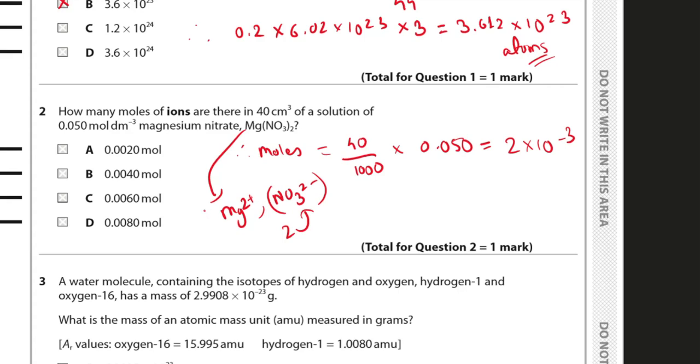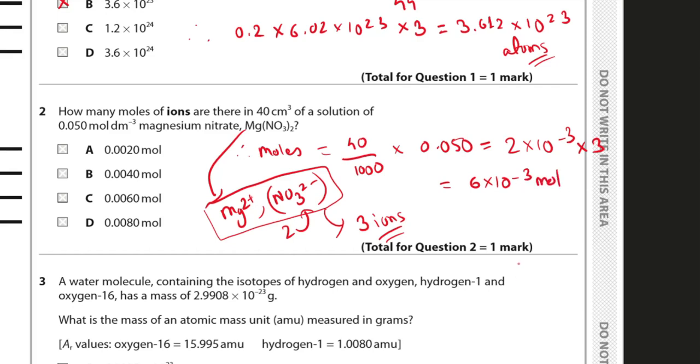So in total we can say that per mole we have three ions present. So we need to multiply 3 with our total amount of moles we got by using the concentration and the volume. So in total we would get 6 times 10 to the power minus 3 mole as our correct answer. So that would be C down here.